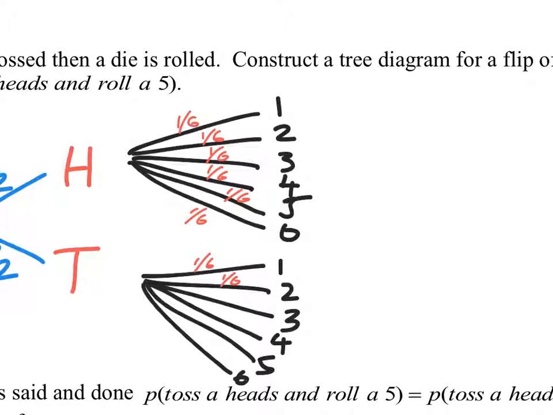So it kind of stinks because you have to write all these probabilities in any time you make a tree diagram. Which means that if it were 3 flips of a coin and 3 rolls of a die, it would take the better part of the day, I think. So each one of these would have a corresponding probability associated with it.